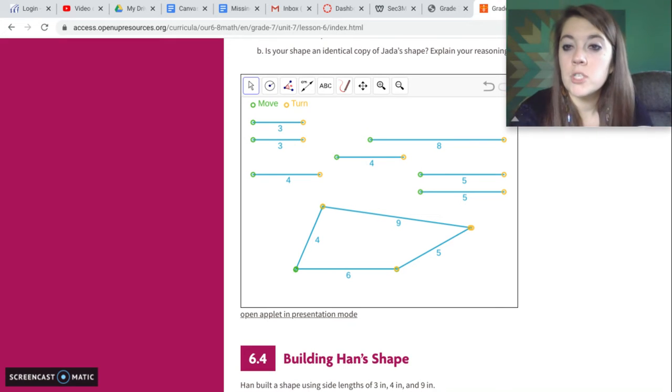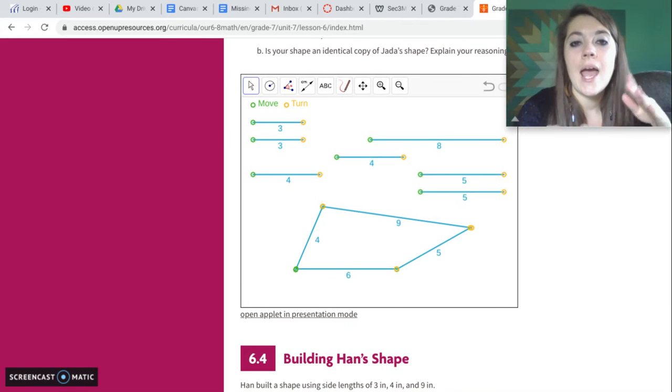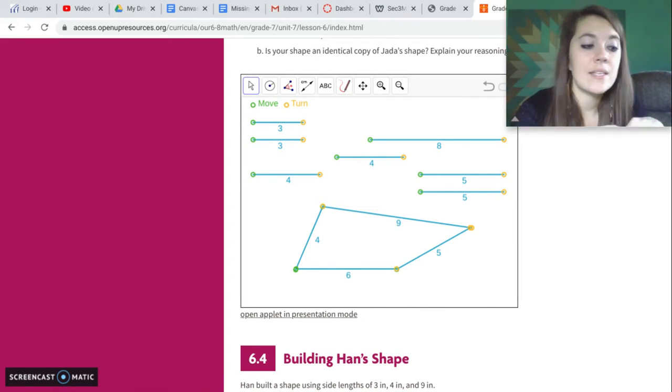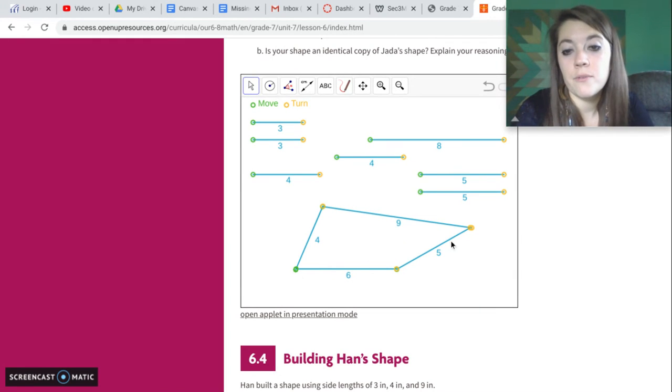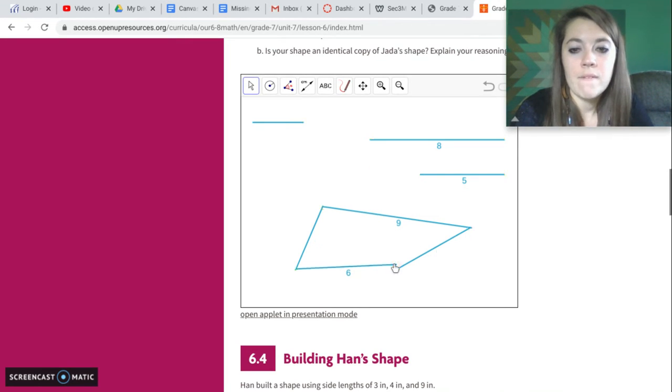I know that seems strange, but we can move this around. We can alter things. It's not a rigid figure because there's different angles that we could have. So obviously we've got all these different angles. We could change them and get a different shape for each of these. It all depends on how our figure is shaped.